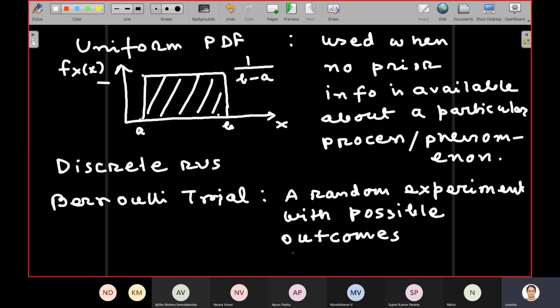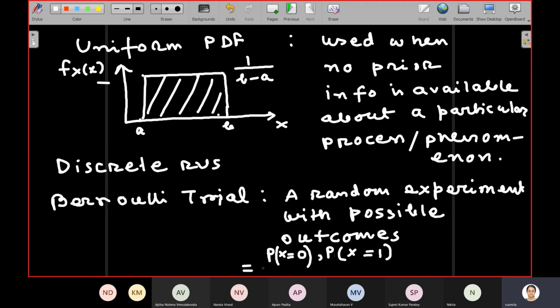So let's say the value corresponding to the first outcome is 0 and for the other one is 1. So we are interested in knowing the probability that x is equal to 0 and the probability that x is equal to 1.